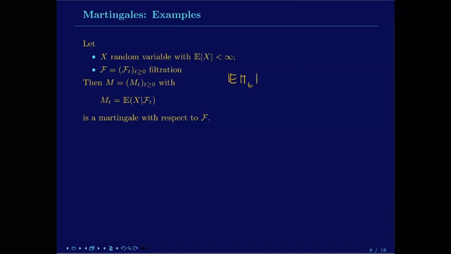So if we take actually two time points, s and t, so this is not necessarily for discrete time, then we plug in the definition of M_t. So M_t is the conditional expectation of X given F_t.